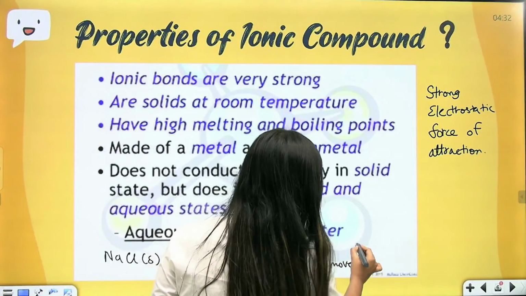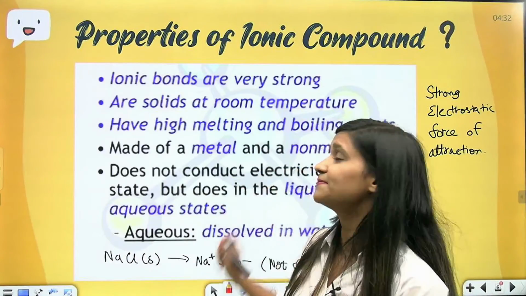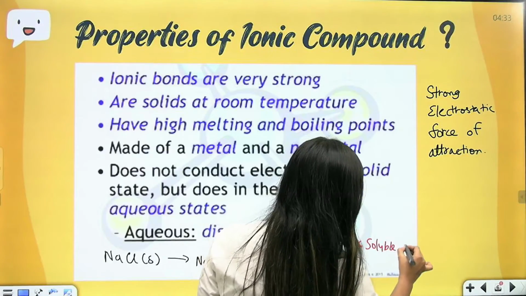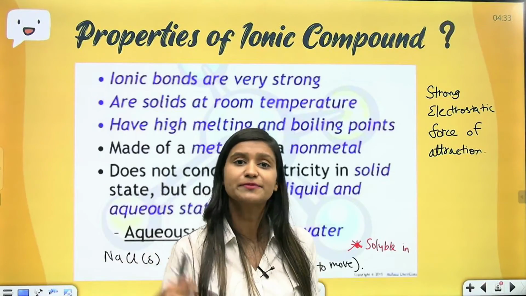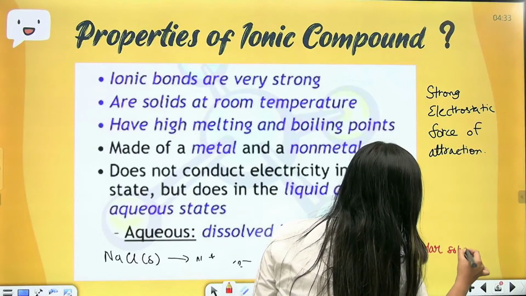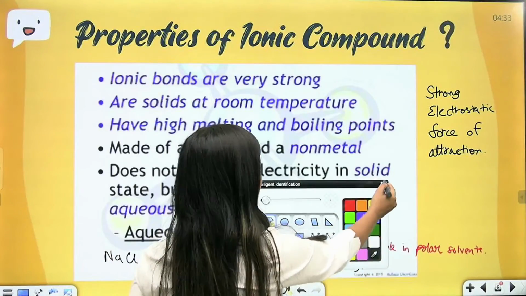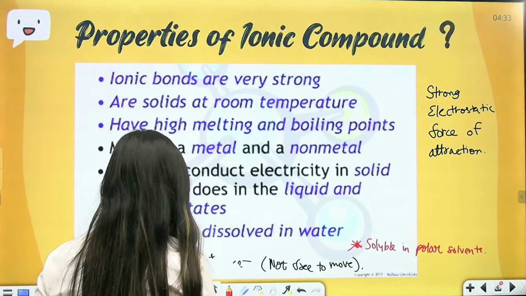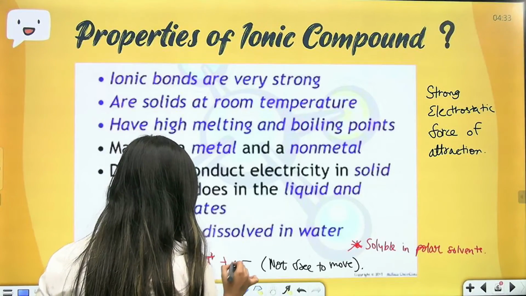All right, the last point would be solubility: these compounds are soluble in water, or rather, in polar solvents. Polar solvents means they have poles, one positive and one negative. If you look at this NaCl, this was Na positive plus Cl negative.